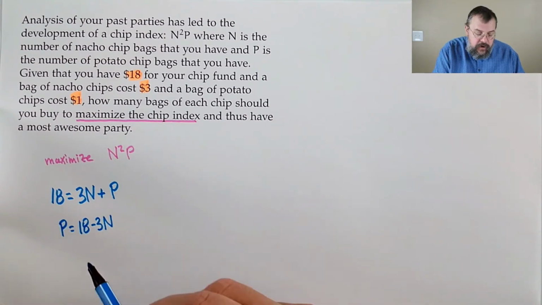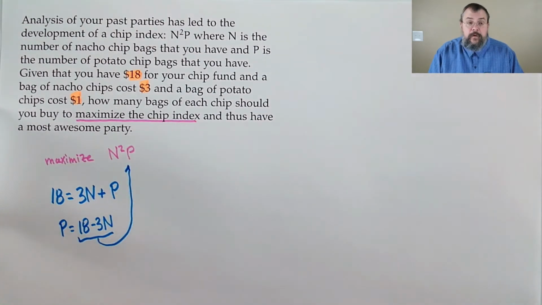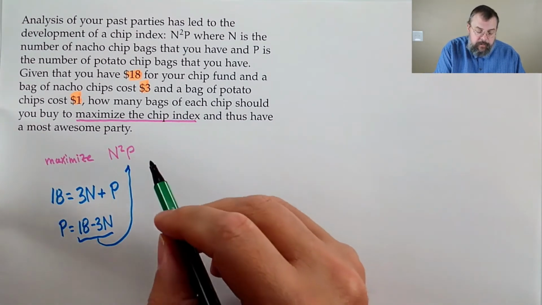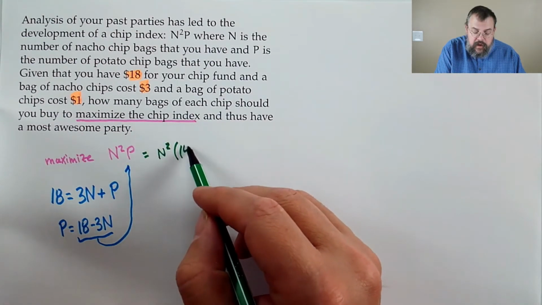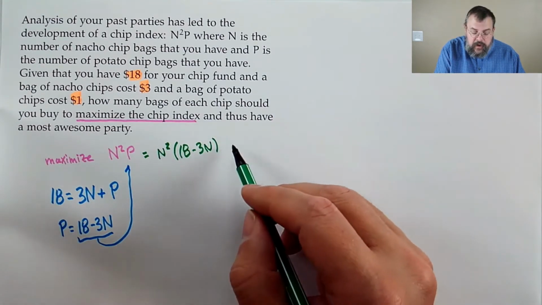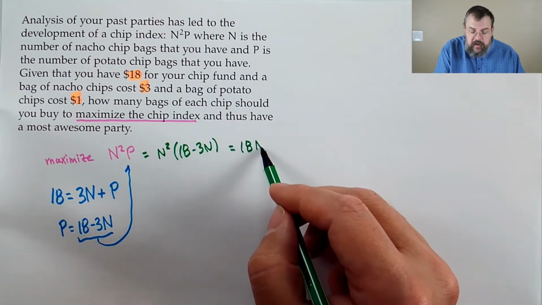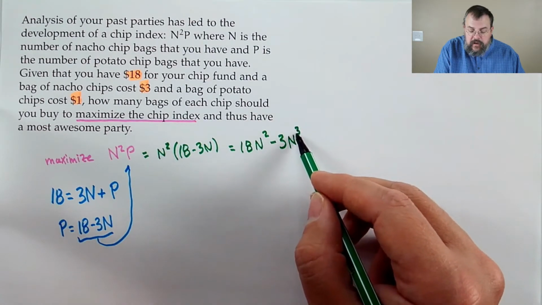Okay, so we're going to take this quantity here and substitute in for P and see what we get. So now we can say, aha, our function we're trying to optimize is really n squared times 18 minus 3n, or multiplying that out is 18n squared minus 3n cubed.